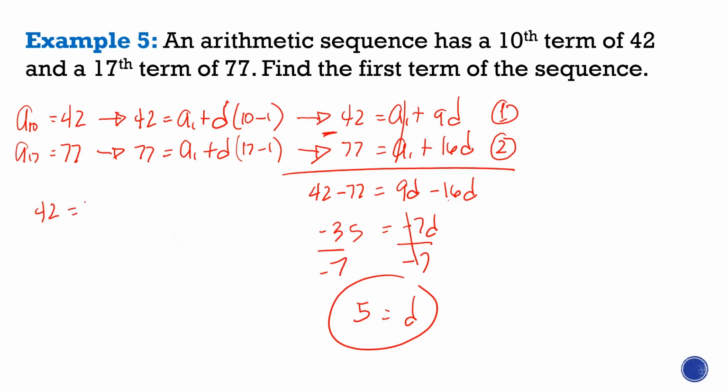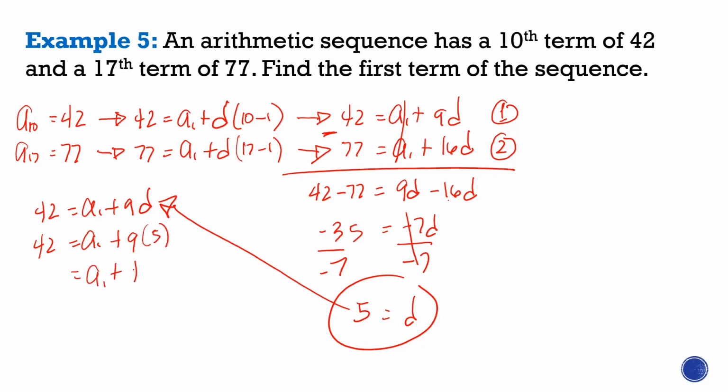So 42 equals A1 plus 9D. Replace that D by, oh, replace that D by 5 rather. So A1 plus 45 is 42.